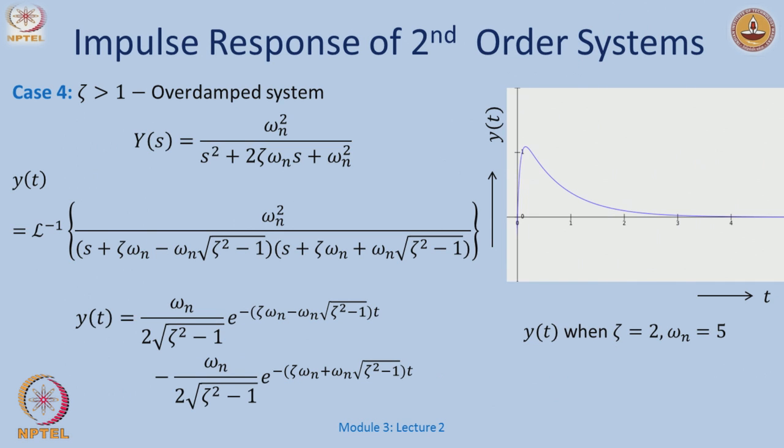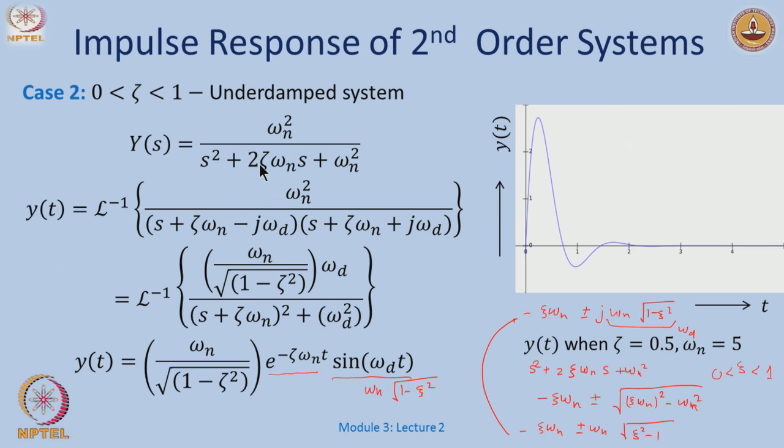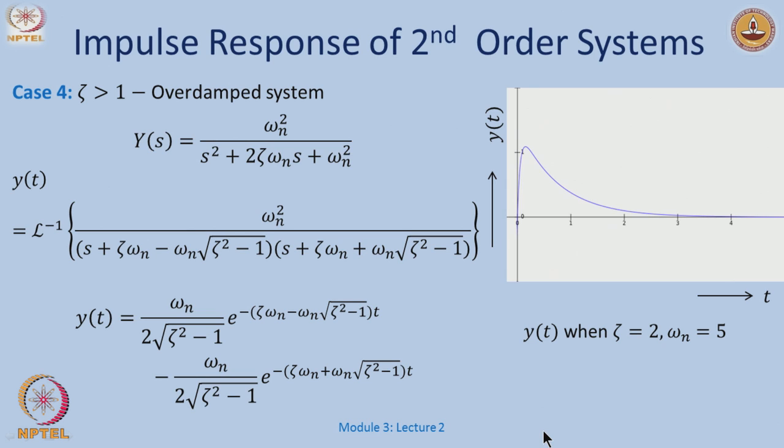Okay. Now, I could go to the overdamped system where zeta is greater than 1, in which case the roots will just be real. For zeta less than 1 I had complex roots, but now I will just have real roots.